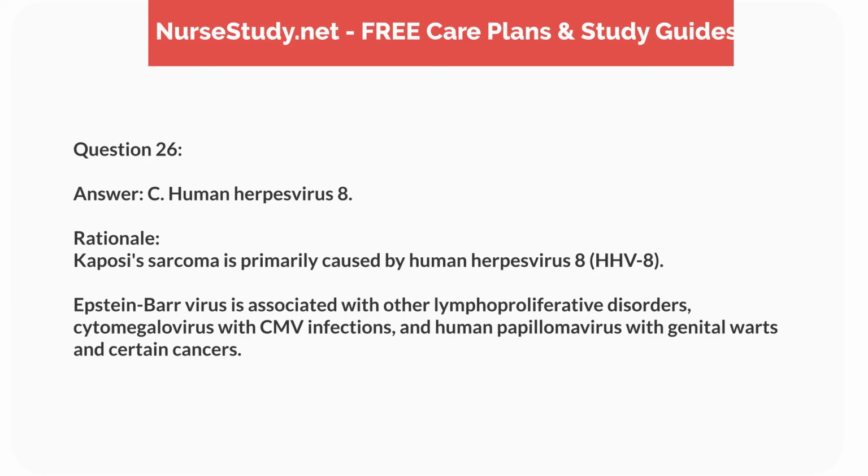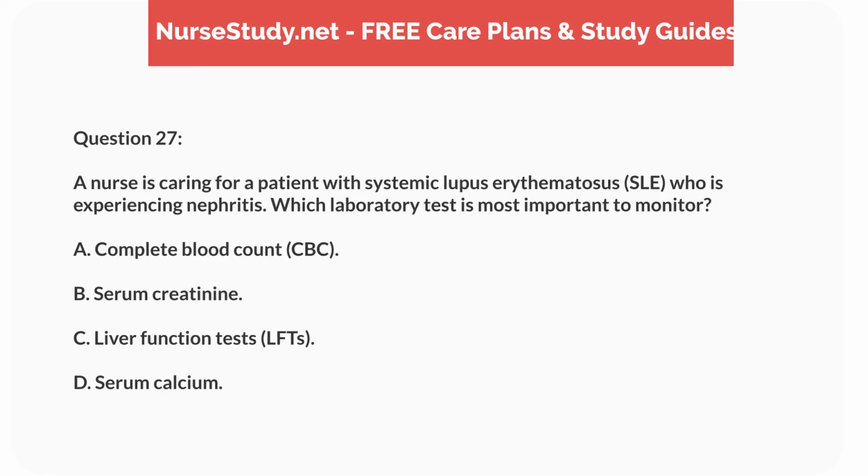Rationale: Kaposi's sarcoma is primarily caused by human herpes virus 8, HHV8. Epstein-Barr virus is associated with other lymphoproliferative disorders, cytomegalovirus with CMV infections, and human papillomavirus with genital warts and certain cancers.